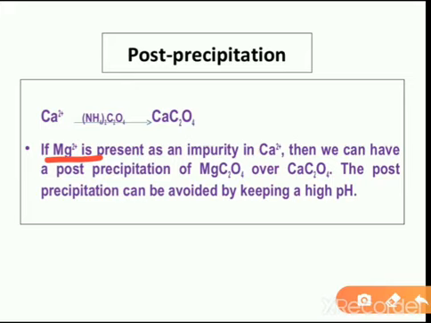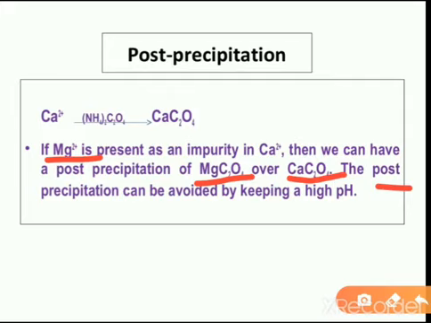So if you calculate the weight of the calcium oxalate, and the magnesium is precipitated along with it, the amount of the precipitate increases. Post-precipitation can be avoided by keeping a high pH.